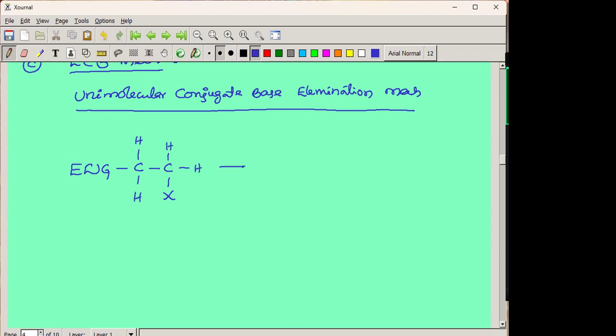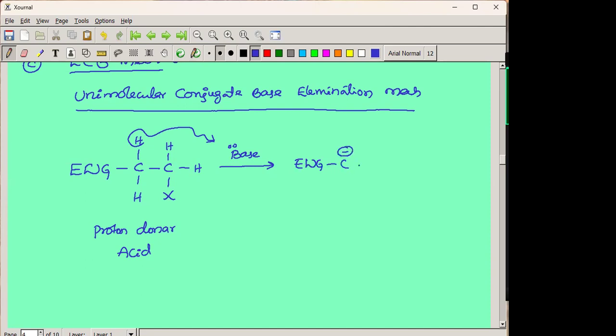Now I'm going to take a base. This base traps the hydrogen from here. So this acts as a hydrogen donor, a proton donor. A proton donor is generally called an acid.